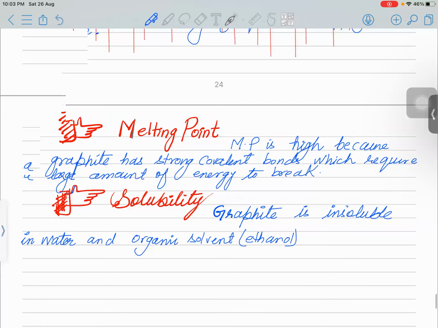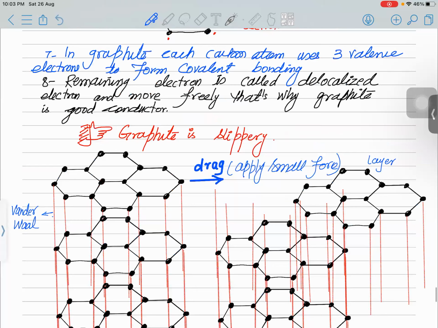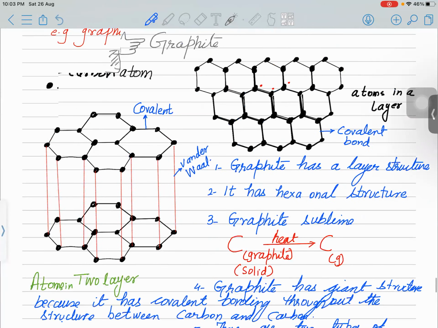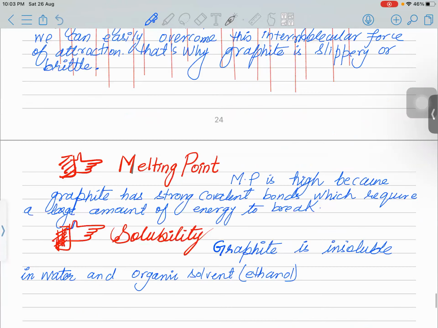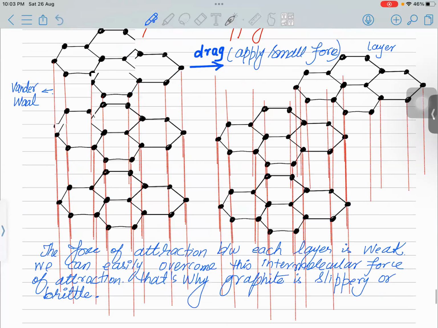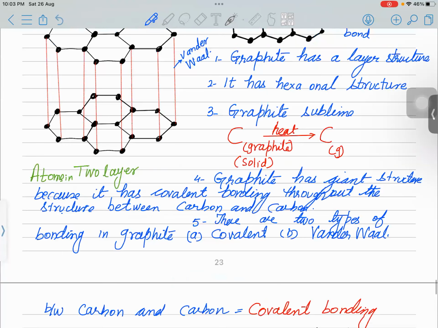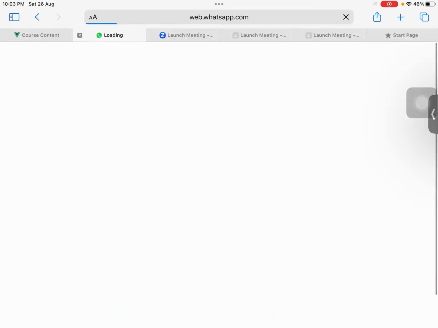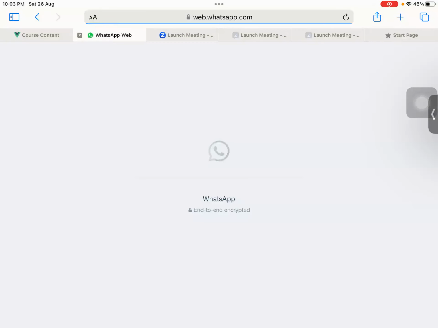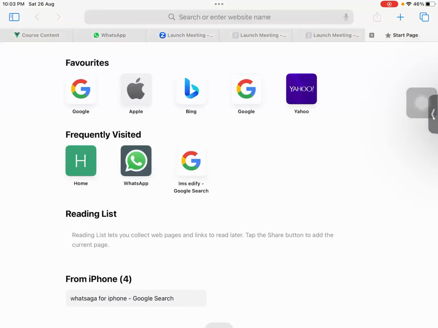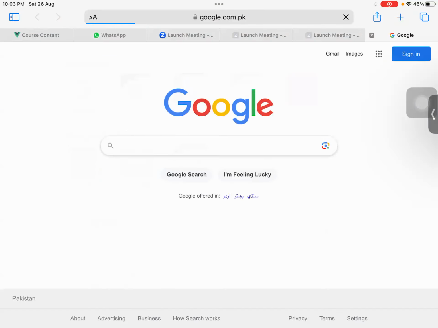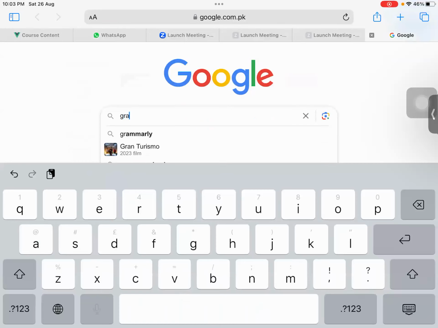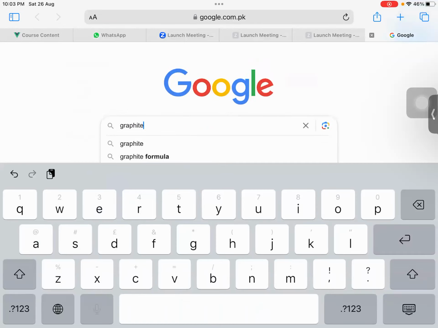Now you can see the shape of graphite, right? Just a minute. Graphite.